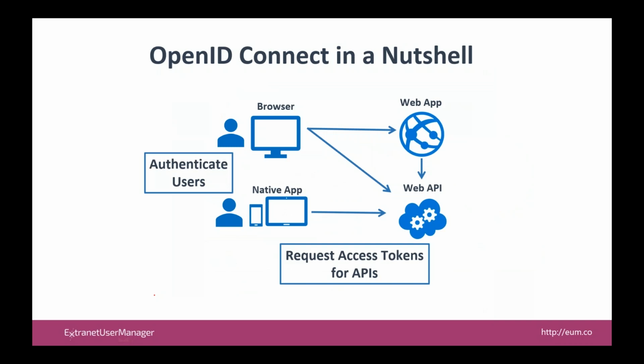So what we're going to talk about next is looking at the details of these protocols. The couple of things we're going to do: first, we want to authenticate users. That's the first step. The front-end applications, whether you're using a server-side web app, a JavaScript browser-based SPA-style app, or a native app running on your desktop or mobile device, want to authenticate the user. That's the number one thing we want to do.